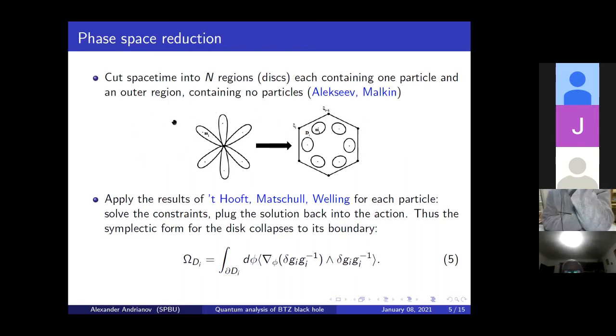We consider n regions, disks, and in each disk we have one particle. It is constructed following Alekseev-Malkin, and we apply the results of 't Hooft and Matschull, varying for each particle, then solve constraints, plug the solution back into the action, and finally the symplectic form for the disk looks as follows.